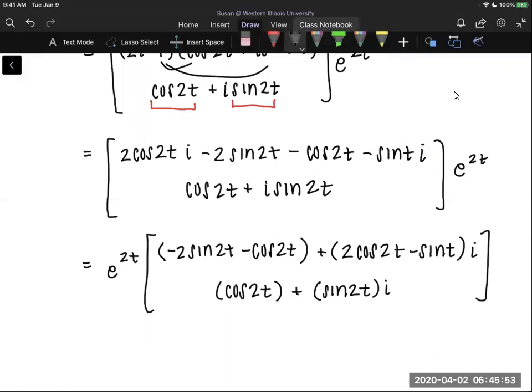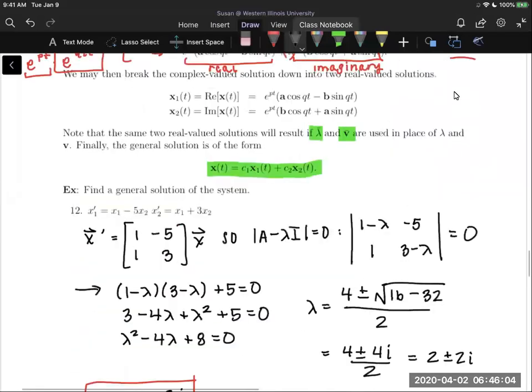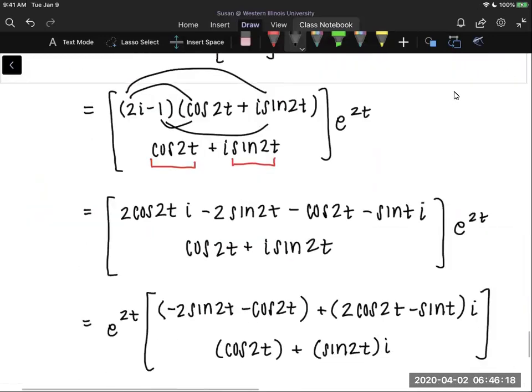All right, so we can clearly see the real portions and the imaginary portions. Now we want to pick those portions off. Let me just refer back up here real quickly. So the real portion is still going to have that exponential attached, but it's whatever we got for the real portion, and then the imaginary portion. Those are going to be our two vectors.